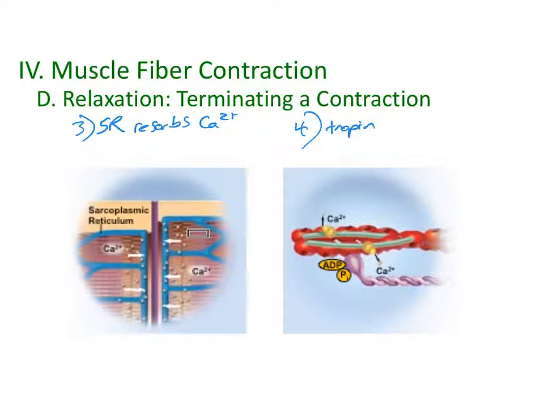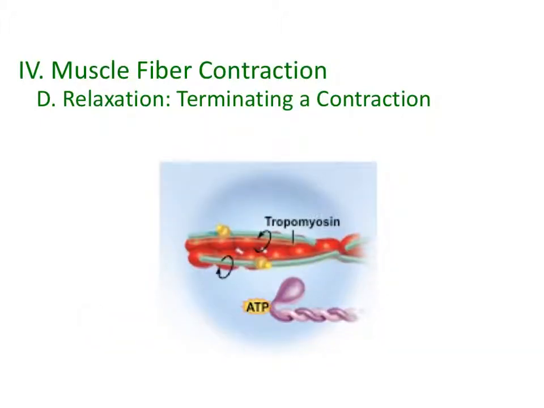Troponin dissociates from calcium, and the fifth step is tropomyosin blocks myosin binding site on actin. So then the contraction stops.